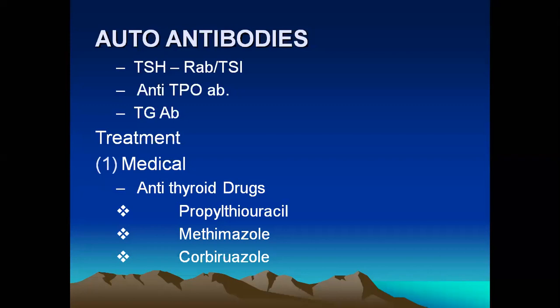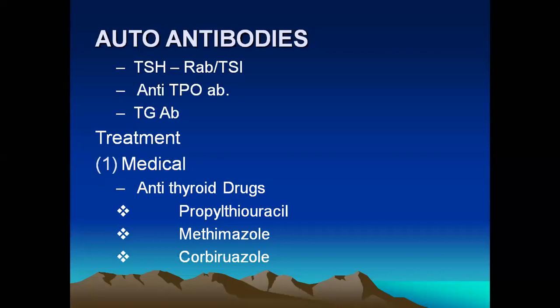Three drugs are available: propylthiouracil, methimazole, and carbimazole. Here in Pakistan, two drugs are available: propylthiouracil and carbimazole. We can start with, because the propylthiouracil tablet is 50 milligram, at least 300 milligram, so 100 milligram three times a day.